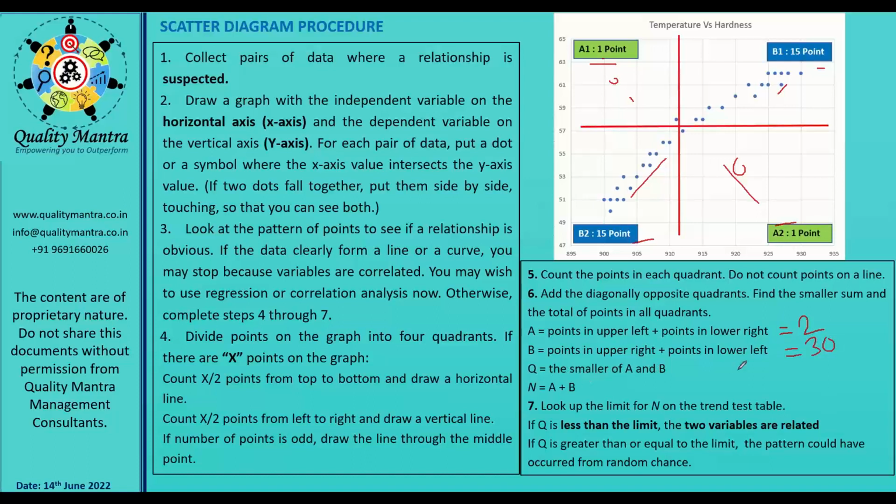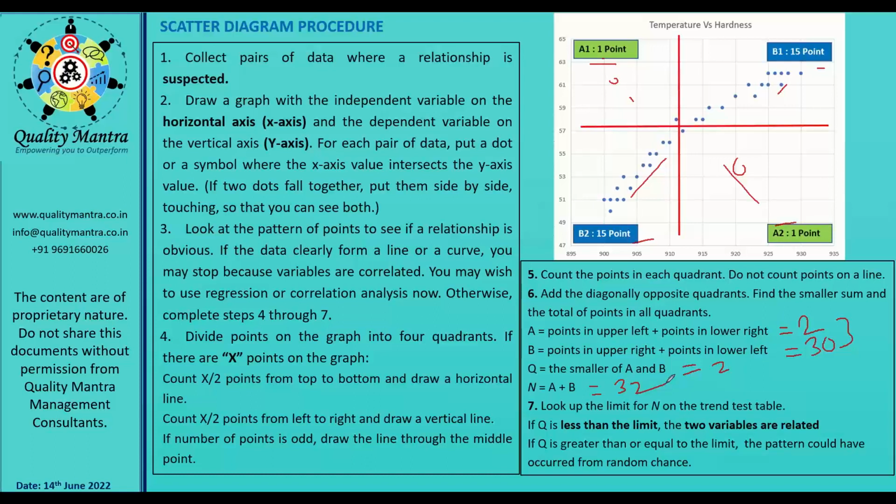Q is the smaller of A and B. अब ये दोनों में से छोटा कौन है? 2 is the smaller. So the value of Q is 2. And what is N? N is A plus B. That is 32. यहां तक समझ में आया?